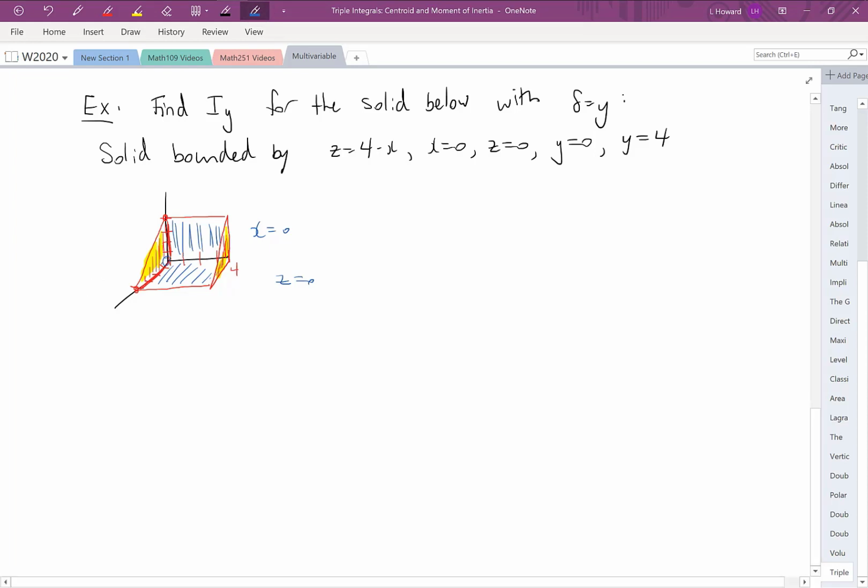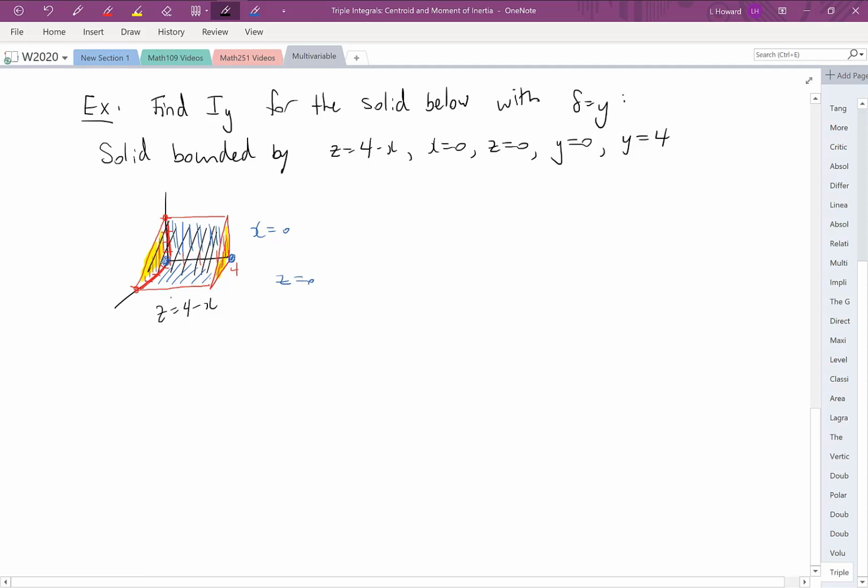So y equals 0 right on the xz plane, and then y equals 4 is forming the right cutoff of this. And then we've also got this slanted surface, which I'll draw in black. That right there is coming from z equals 4 minus x. So we've got this 5-sided solid there.